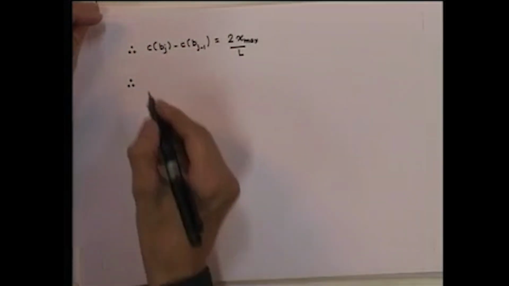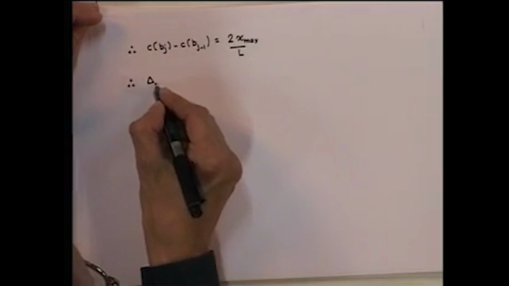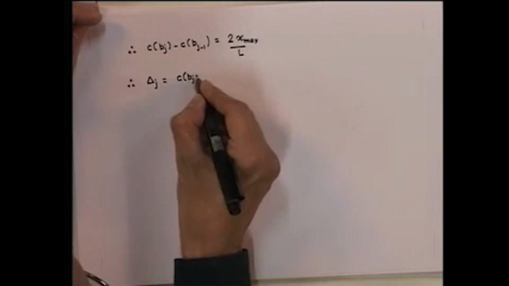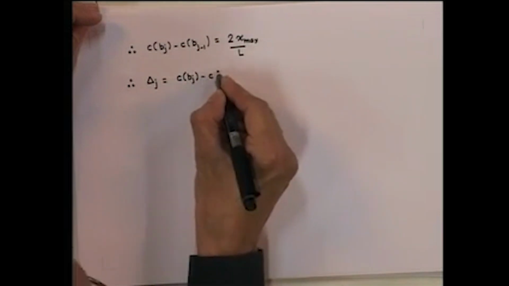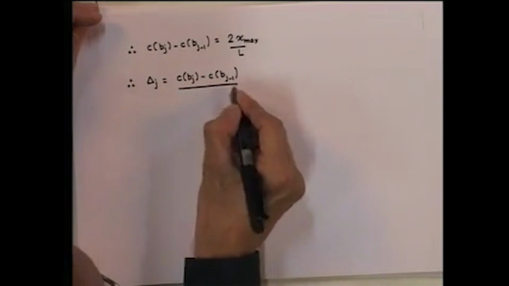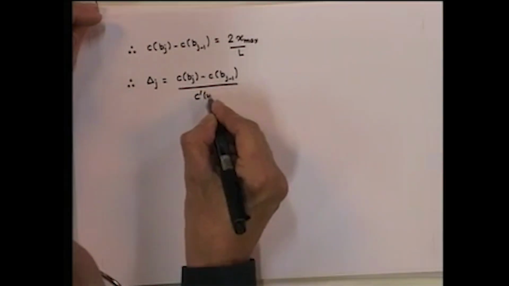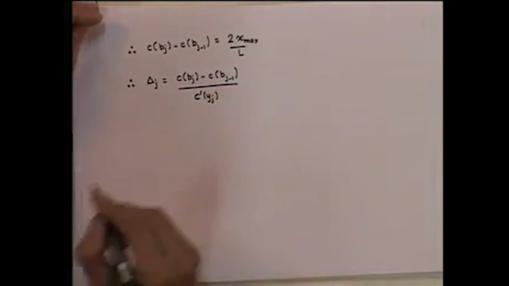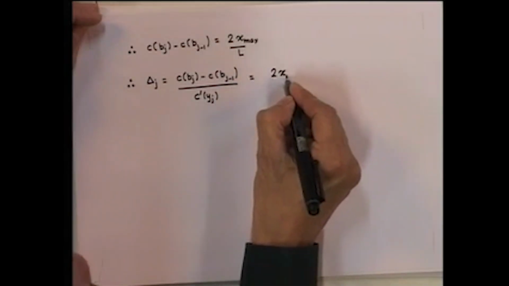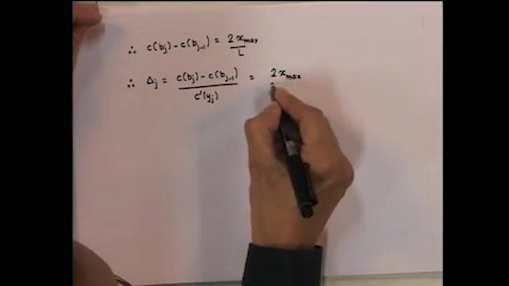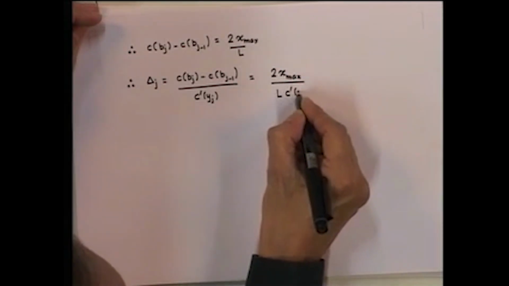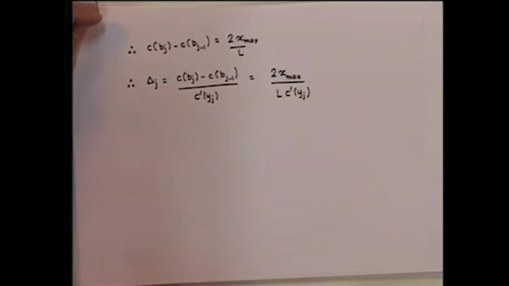Therefore, with the given approximation, delta j is equal to C b j minus C b j minus 1 divided by the derivative at y j, which is equal to 2 x max divided by L times C dash y j.